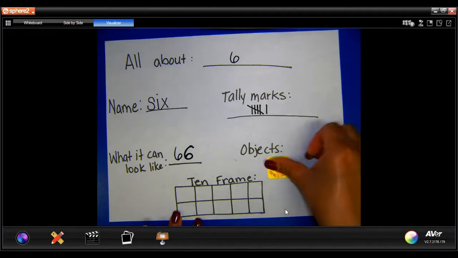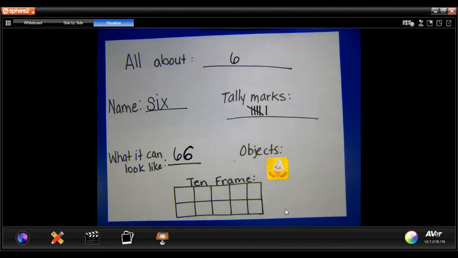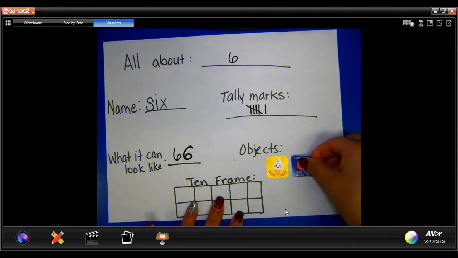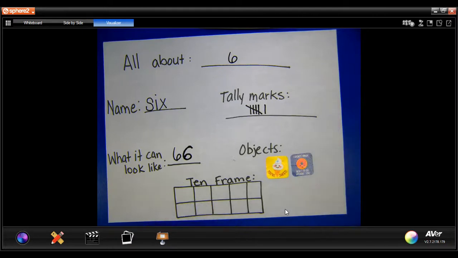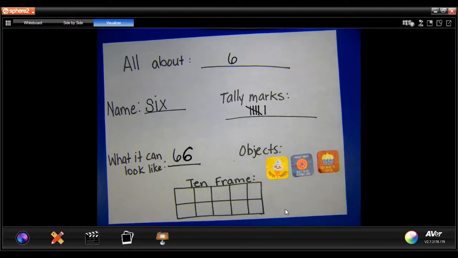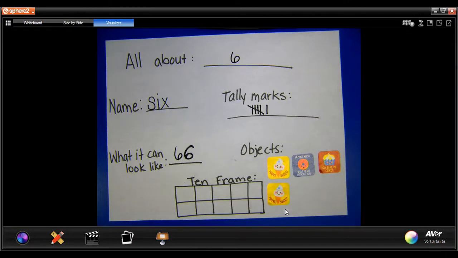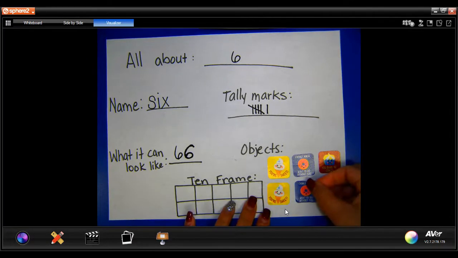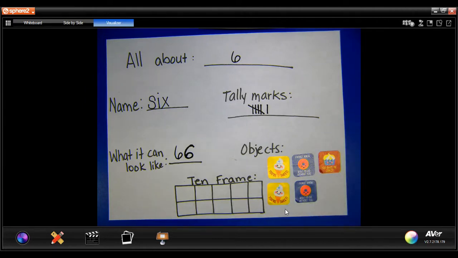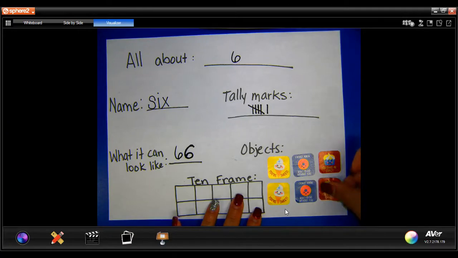So I'm going to start right here so I can get them all in there. 1, 2, 3, 4, 5, and 6.